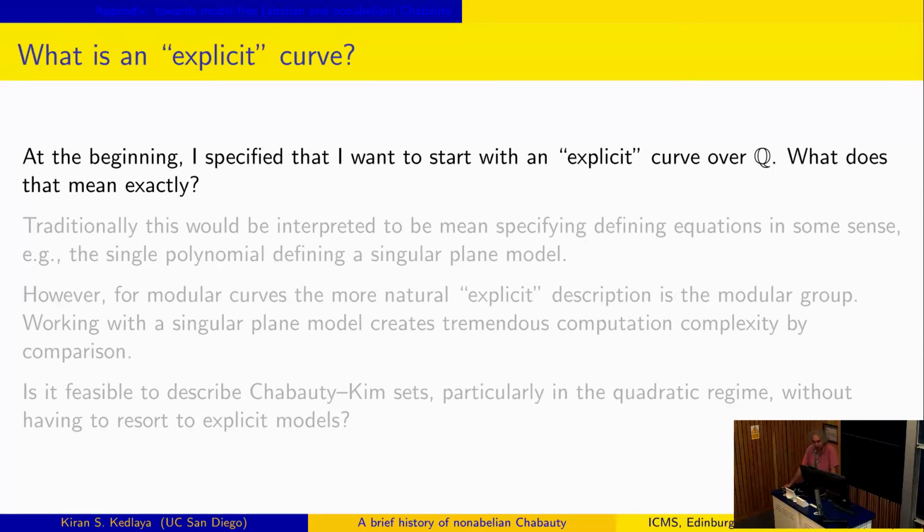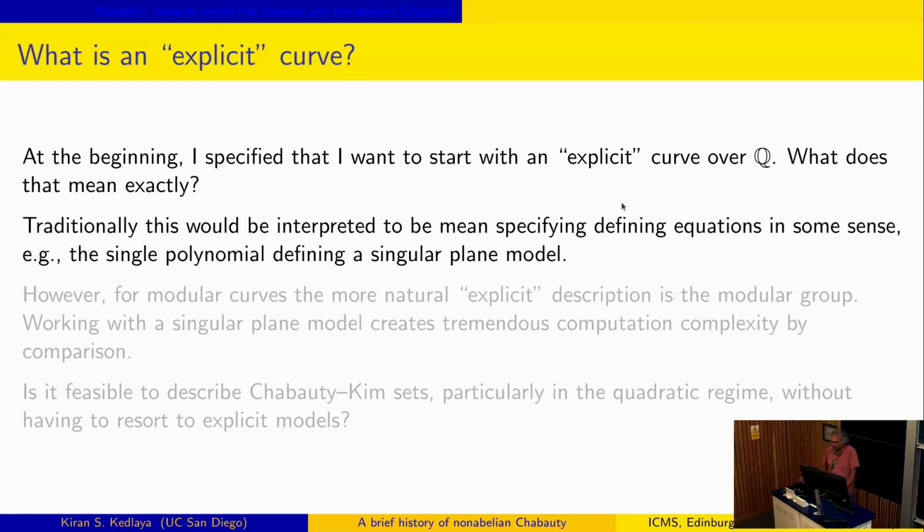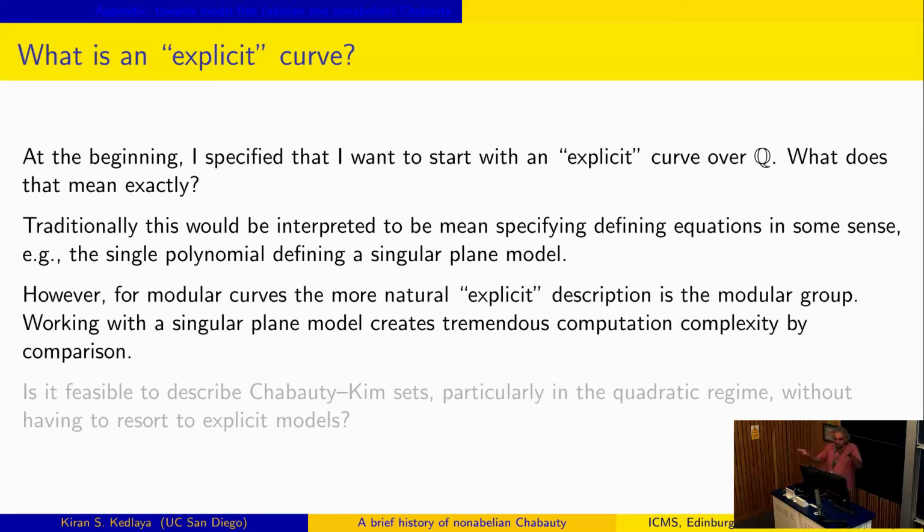So that involves finding points on modular curves, but in what sense are modular curves explicit? Well, traditionally, when you mean an explicit curve, you mean there's an explicit defining equation, like a singular plane model or something. But that's not really a natural point of view for modular curves, because modular curves come to you with a human readable description that's not this.